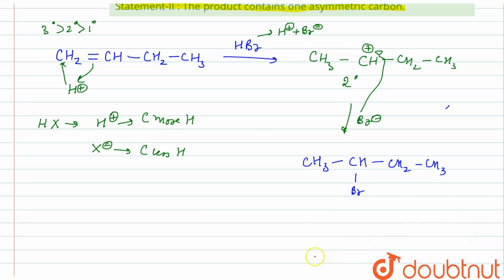So for a compound to show optical isomerism, it should be optically active, and to be optically active it should have a chiral carbon atom.